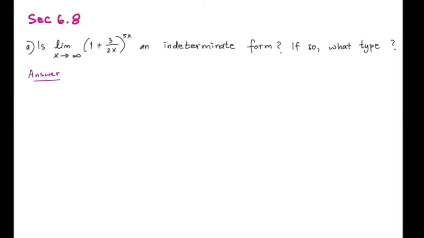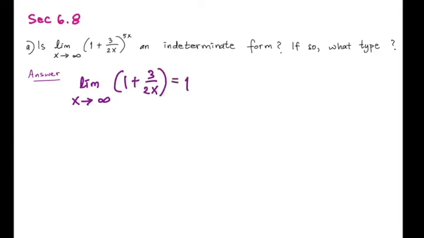From section 6.8, I have the limit of a function, and part A is to check whether it is an indeterminate form, and if it is, what type. So first I check the limit for 1 plus 3 over 2x.